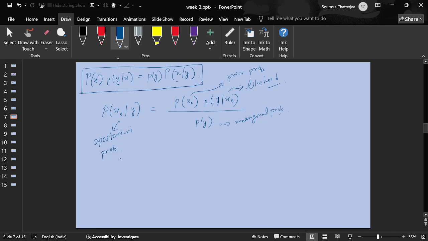I'll just briefly tell you why. Because you have already mentioned that it is going to decide in favor of x naught when the probability of x naught given y is greater than the probability of x1 given y.